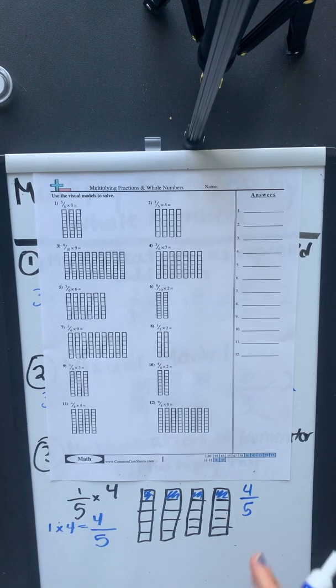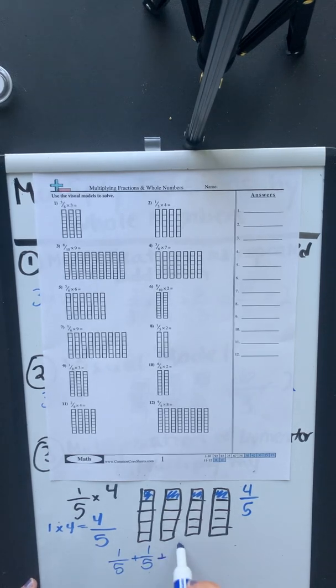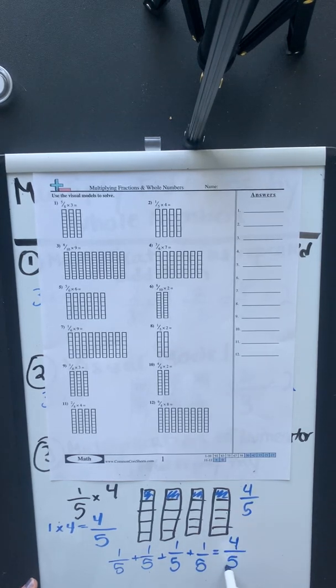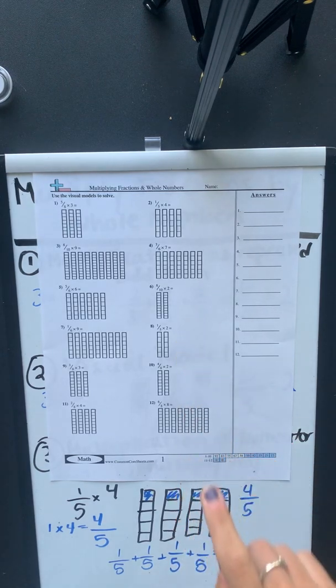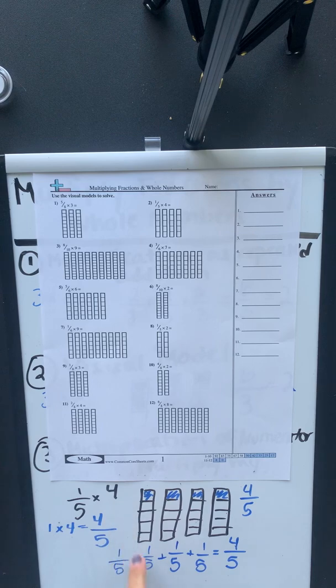If you wanted to do the repeated addition, I have 4 groups of 1/5, so I would say 1/5 plus 1/5 plus 1/5 plus 1/5 equals 4/5. So on your homework, you're showing me the visual model, and you're also showing me either the repeated addition or multiplying your numerator.